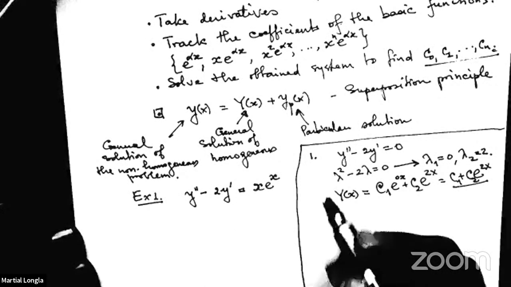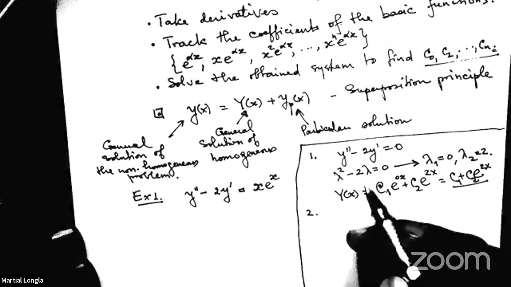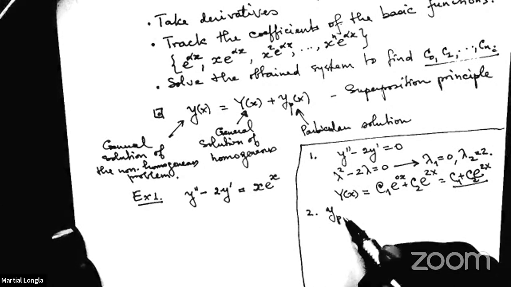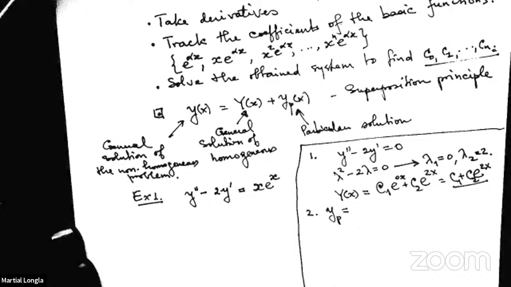And now, on step 2, you're going to write down yp. And to write down yp, you have to check first that alpha is not a solution of the homogeneous problem. What is alpha in this problem?